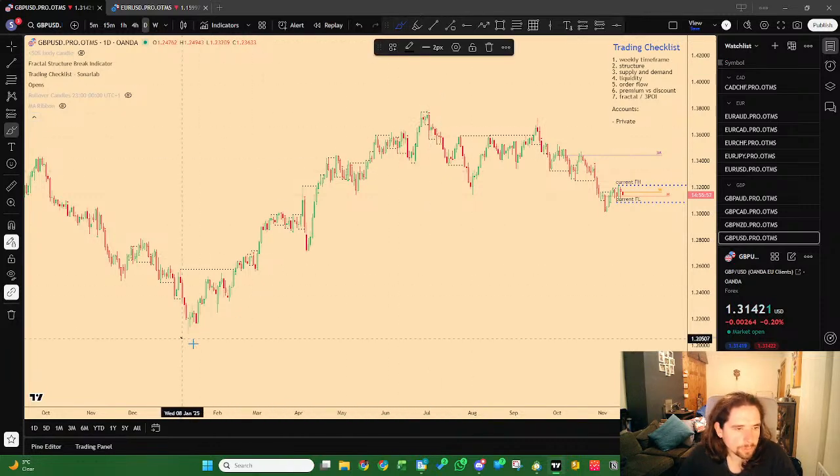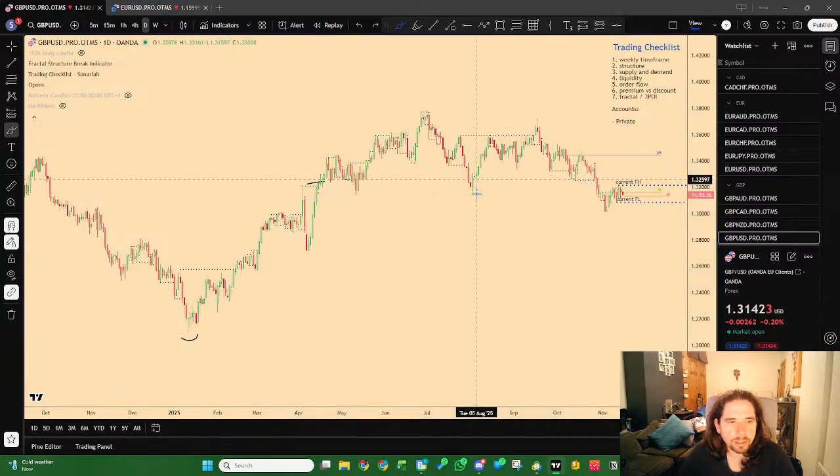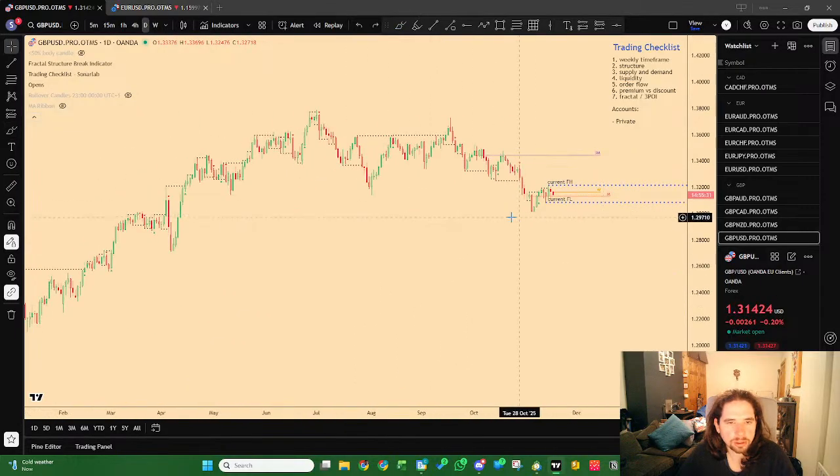So that's our low, and there was a broken structure. That's our low. I would say this is a little turning point here, that we're starting to be bearish, that this one here broke that, and we're starting to be bearish now.